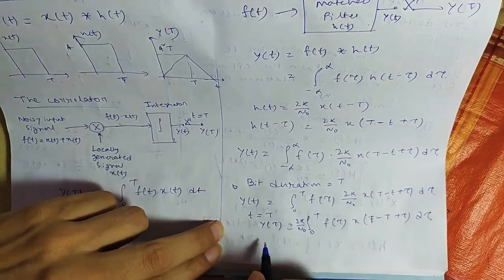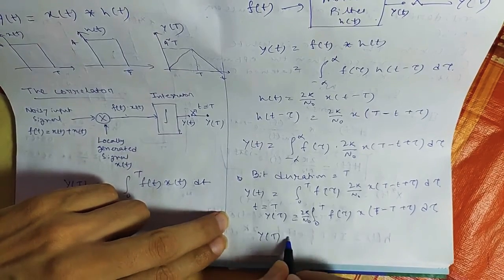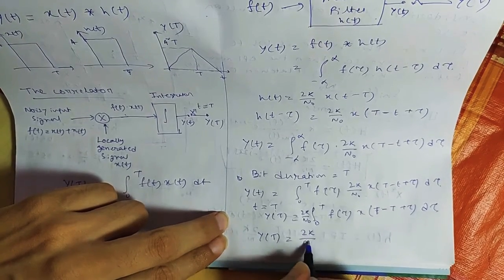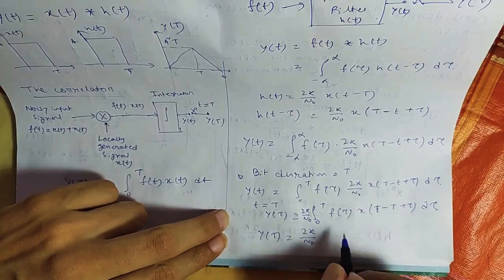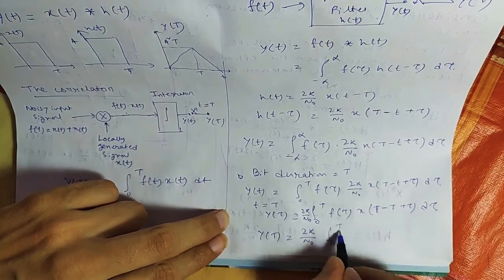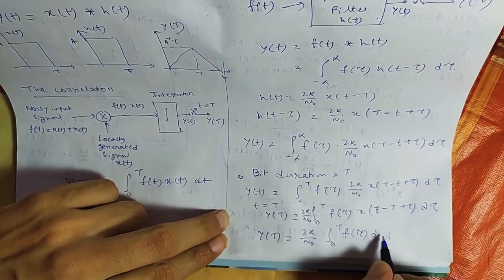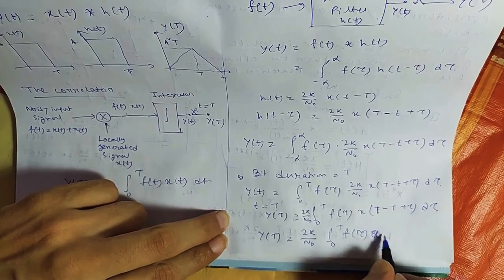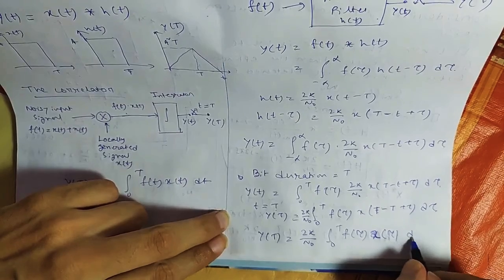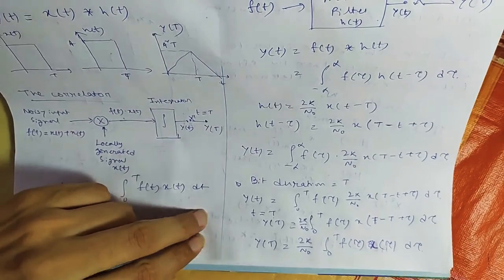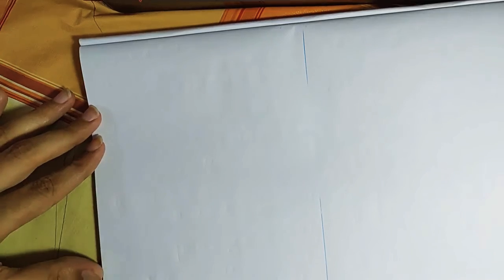So y(T) equals 2k by N0 times the integral from 0 to T of f(tau) x(tau) d tau. Now we can write t instead of tau.